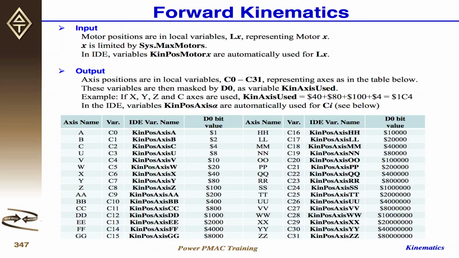If you're using X, Y, Z, and C, that means you have to put X, Y, Z, and C here. They're actually defined as the bit value here. So C is $4, X, Y, Z is $80, $100, and $200 in hex. Okay, so you add them together.